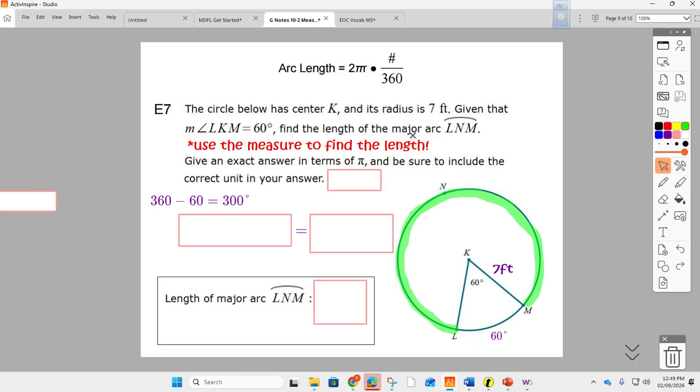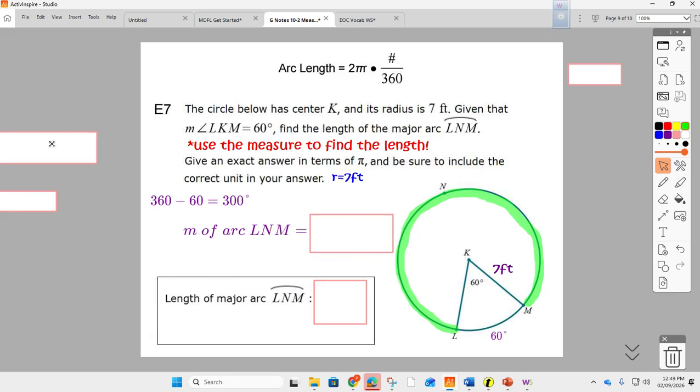So that is our part. This is our whole. We've identified the radius. So now we just plug into this formula. 2 times pi. Once again, they're telling us to leave it in terms of pi, so we don't substitute anything for that symbol. So the length of arc LNM is 2 times pi times 7 times the part, which is 300 degrees out of the whole 360.